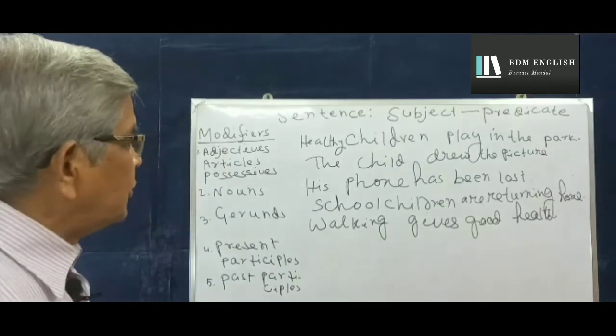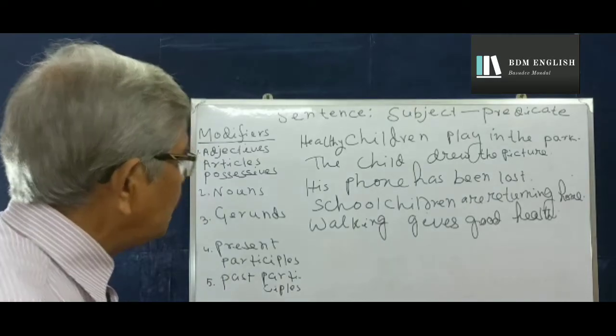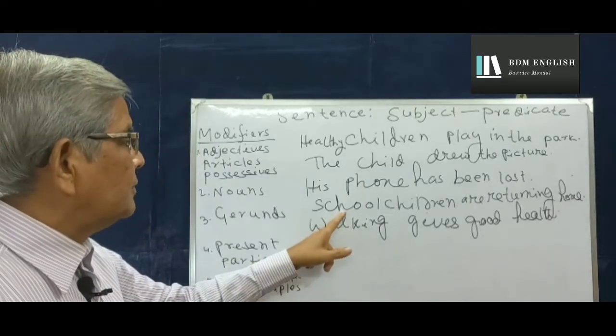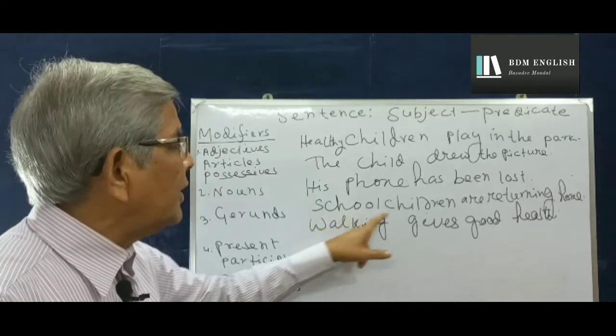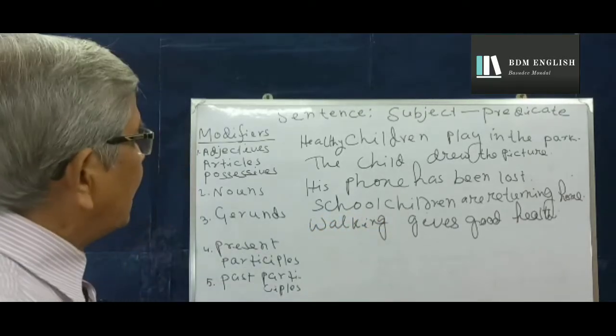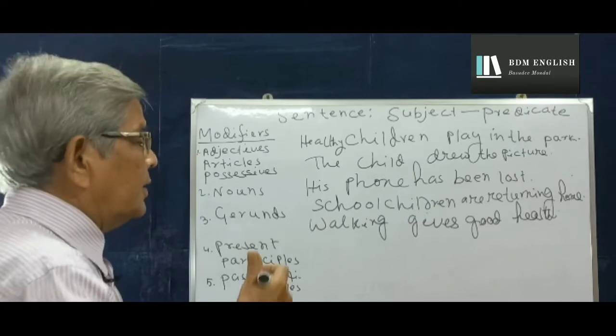We can place a gerund in the fourth position of a noun, that is, in the position of a modifier. This is the fourth position of a noun that it can qualify another noun. As a noun, a gerund can also modify a noun.